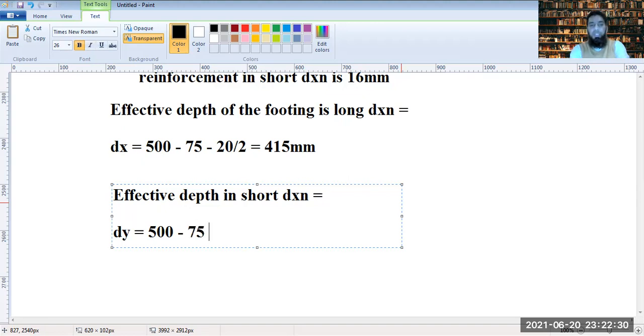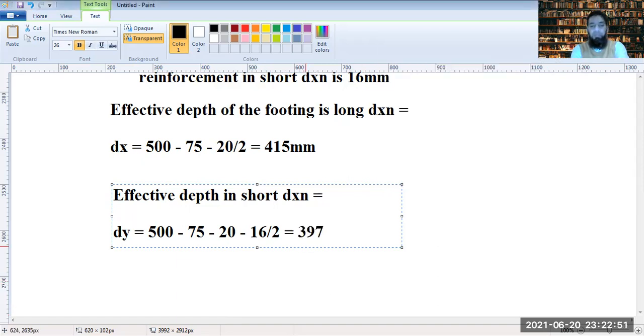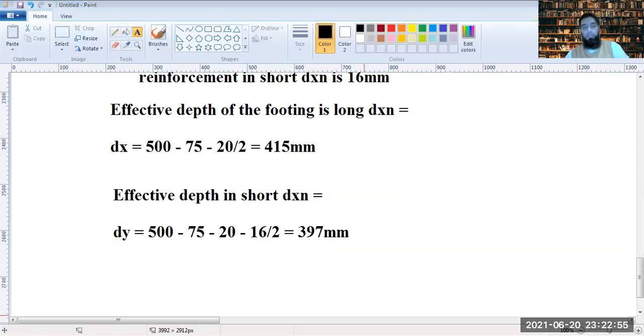So this would be 75 the cover, then 20 the longer direction reinforcement, and then half of the shorter direction reinforcement. So this becomes 397 mm.